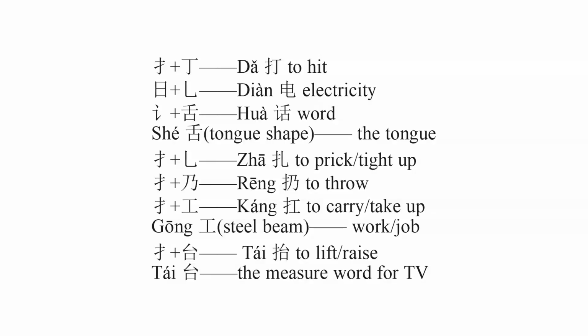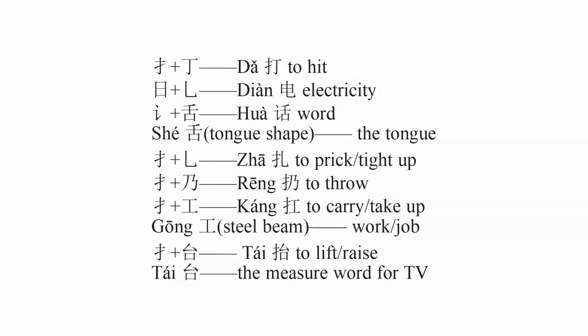Next one, 扎. The hand side plus the hook is to prick. Another meaning, hand side plus the ponytail is to tie up. Next one, 扔. The hand side plus the tree branch is to throw. Next one, 扛.